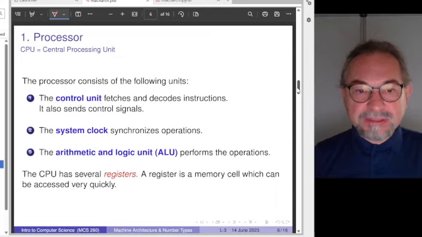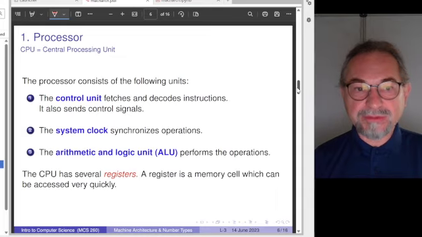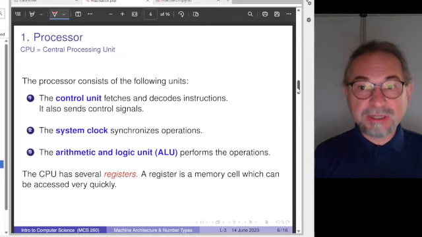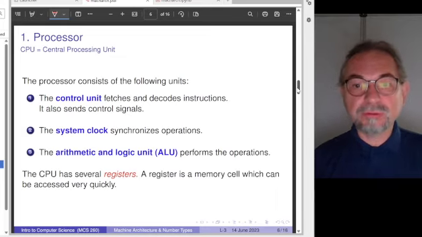Also part of the central processing unit are the registers. Registers are memory cells that are closest to the processor units. These are memory cells that can be accessed extremely quickly. So all data typically is moved into registers.